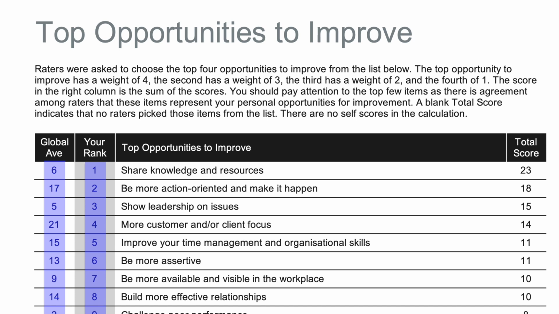Be action oriented and make it happen is normally number 17. Show leadership on issues is normally number 5, and it's 3 for him. More customer and client focus is number 4, and it's normally at 21. So he does look a little bit different from a strengths and an opportunities point of view.